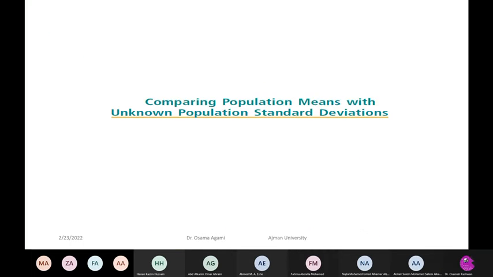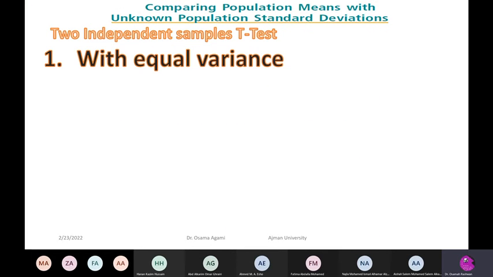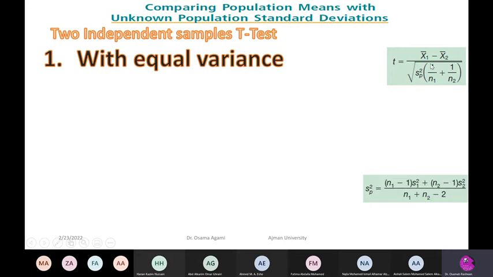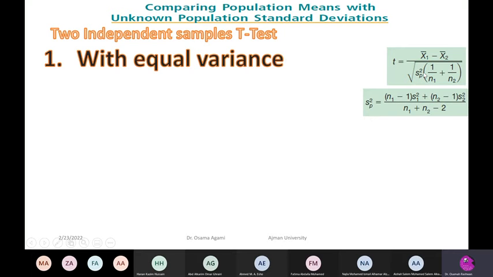If they have equal variance, we can go for t-test for equal variance with this formula for the t-stat, right? Where sp square, they call it the pooled variance, right? The pooled variance having this formula coming from the variance of sample 1 and the variance of sample 2 and the sample 1 size and the sample 2 size, right?